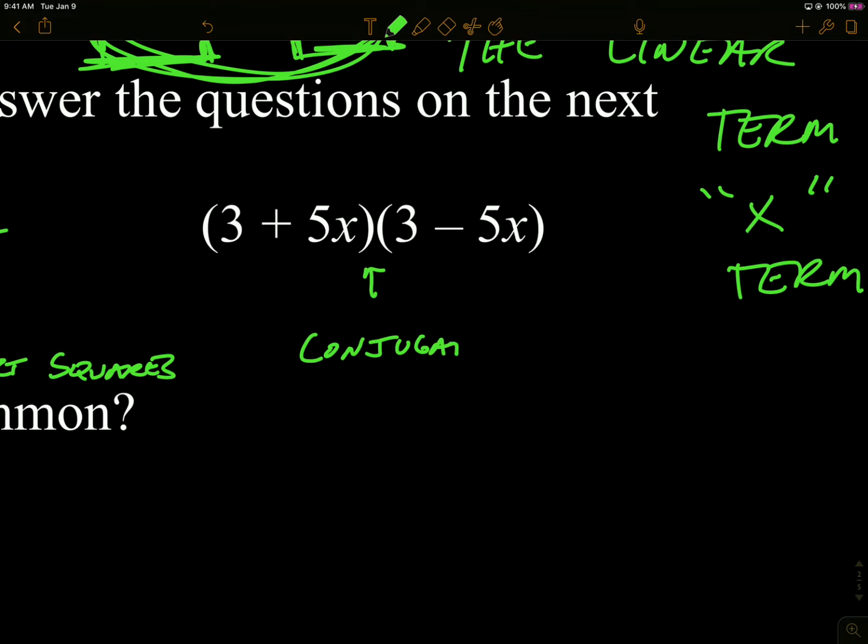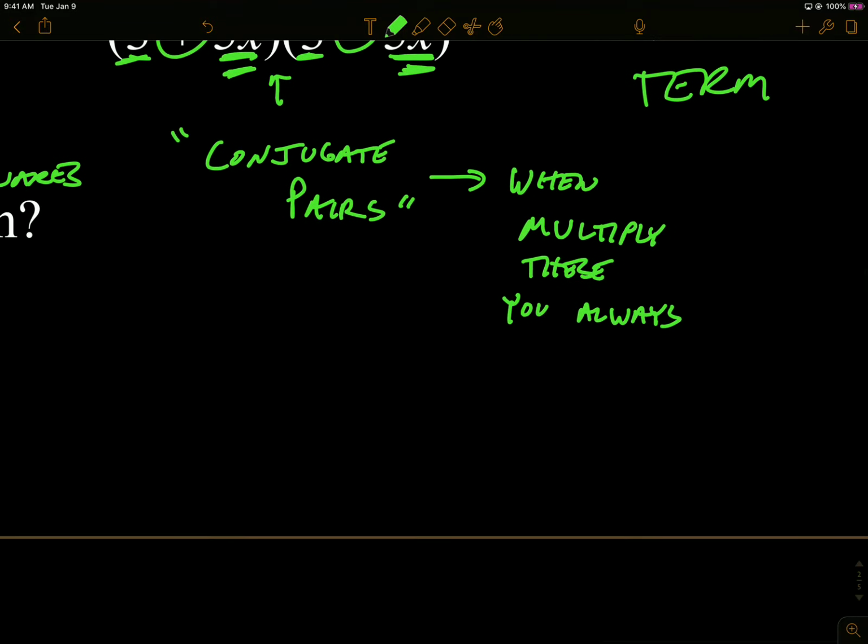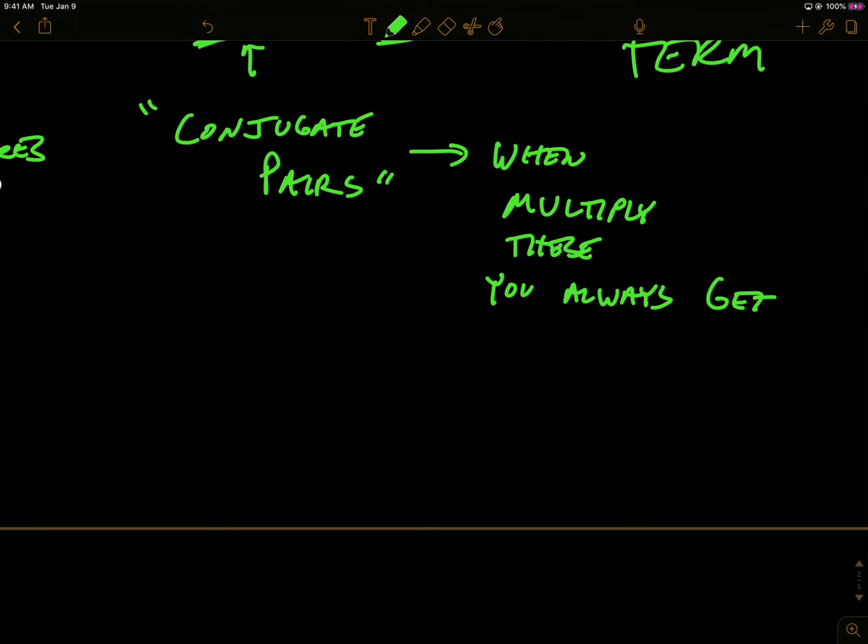Whenever you multiply those, you always get a difference of two squares.